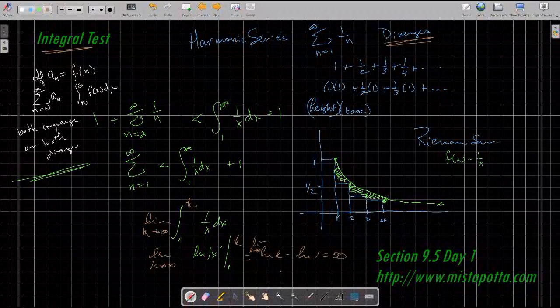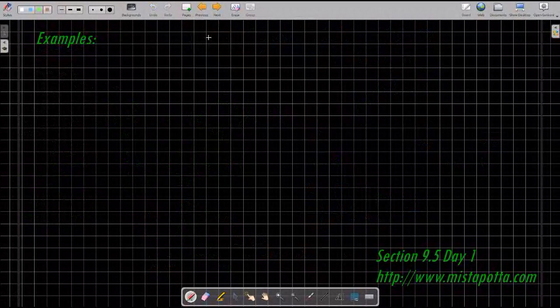But the second and more important thing is that we're not talking equality. We're merely saying that they both converge to a constant value, or they both diverge. And so I want to go through several examples of this to kind of talk about it.